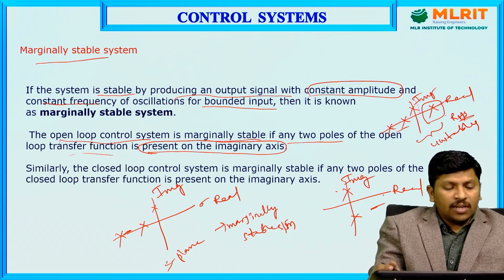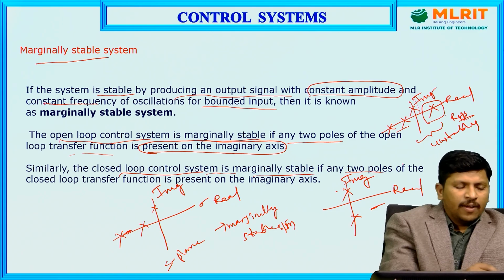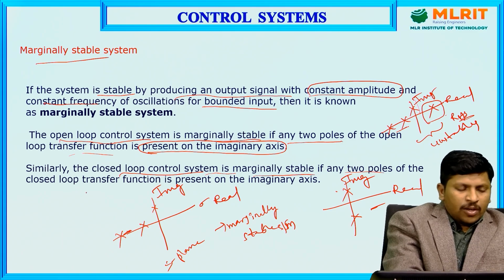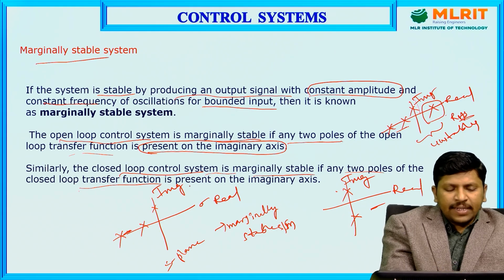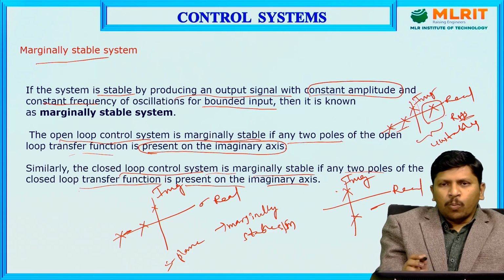Similarly for a closed loop control system. A closed loop control system is marginally stable if any two poles of the closed loop transfer function are present on the imaginary axis. Closed loop as well as open loop, if poles of the transfer function are present on the imaginary axis, then that type of system is marginally stable.